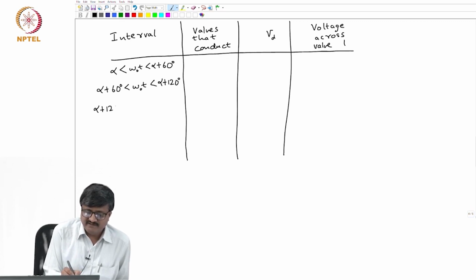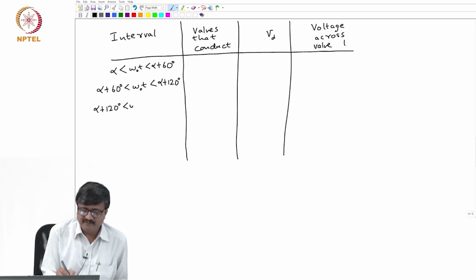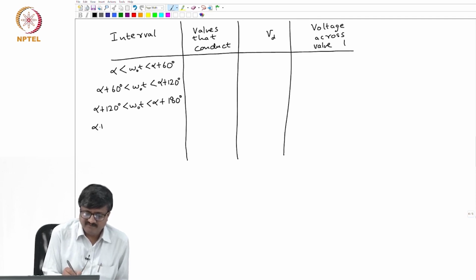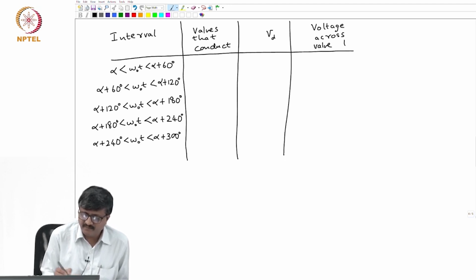Then the third interval is alpha plus 120 to alpha plus 180 degrees, then alpha plus 180 degrees to alpha plus 240 degrees, alpha plus 240 degrees to alpha plus 300 degrees, and the last interval is alpha plus 300 degrees to alpha plus 360 degrees.